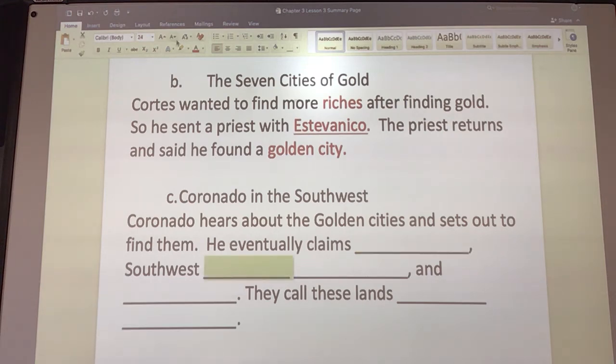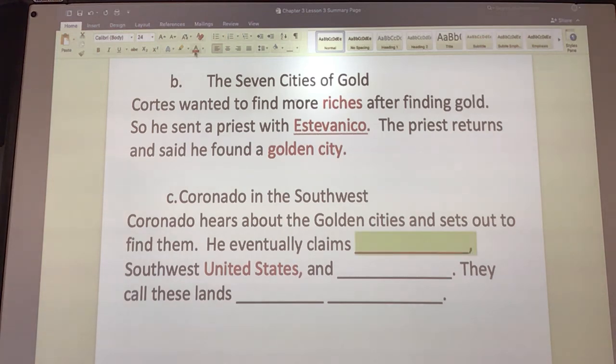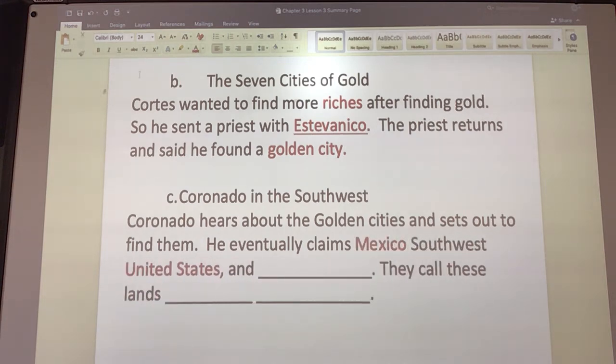Yep. So this is United States. Where else does he claim lands? I think there were 3. Where was the other one? Mexico. Mexico, Southwest United States, and one more place. One more. John?